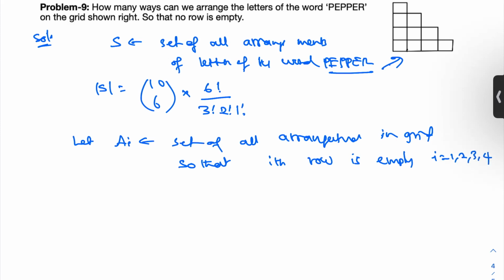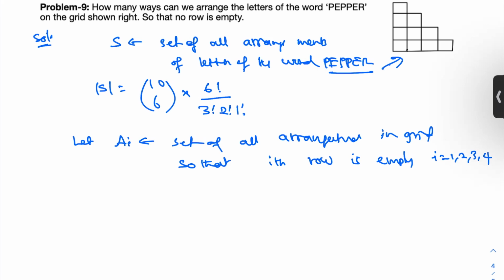Okay. That means A1 is the set of all arrangements in which row 1 is empty. A2 is the set of all arrangements in which row 2 is empty. A3 is the set of all arrangements in which row 3 is empty. A4 is the set of all arrangements in which row 4 is empty. Okay, fine. But we are interested in arrangements in which no row is empty.